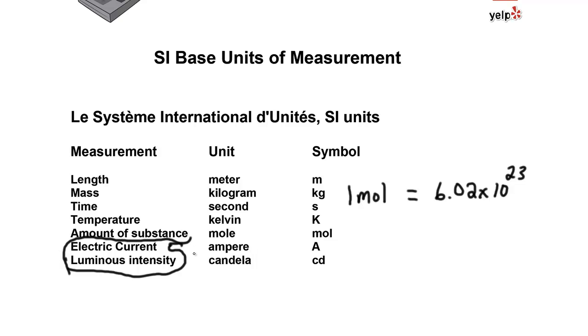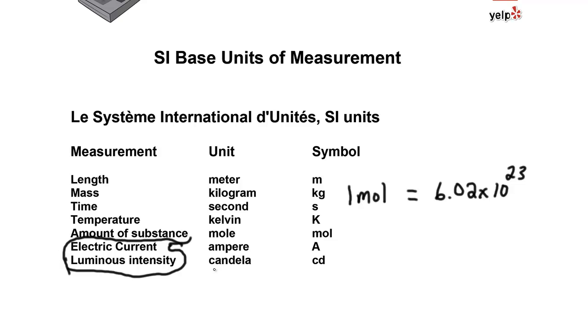And luminous intensity is a candela, and you're familiar with buying different wattage light bulbs. If you buy a higher wattage, typically what happens is it's a brighter bulb, and so that brighter bulb has more light, more candela.